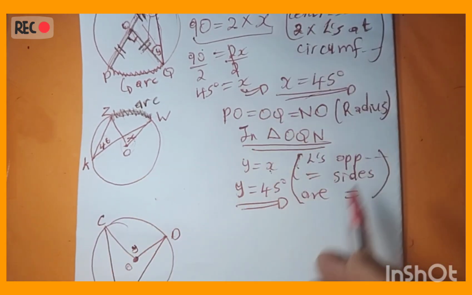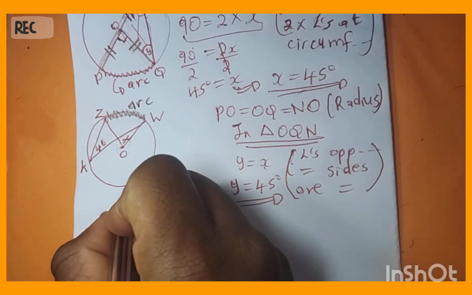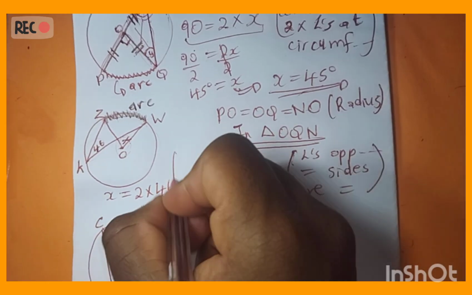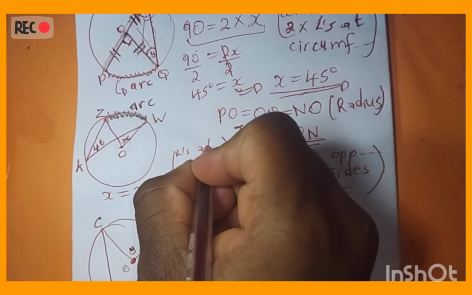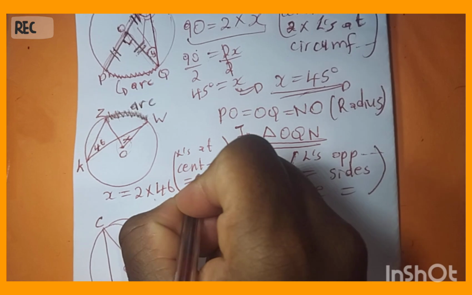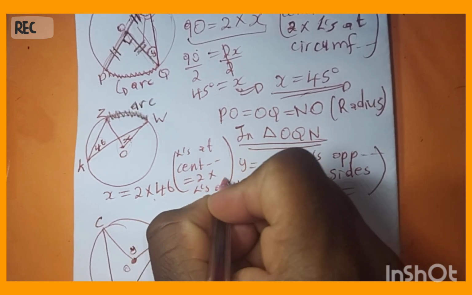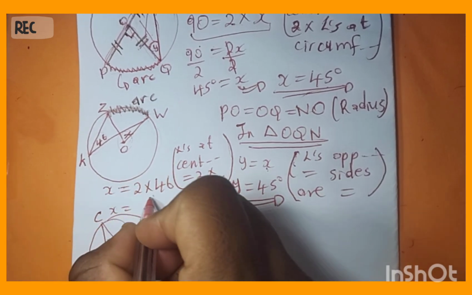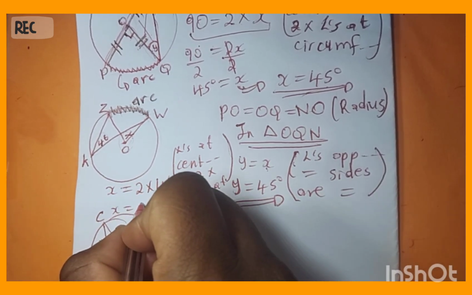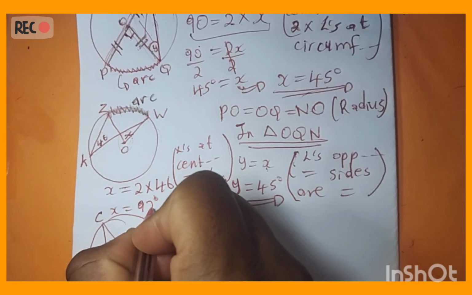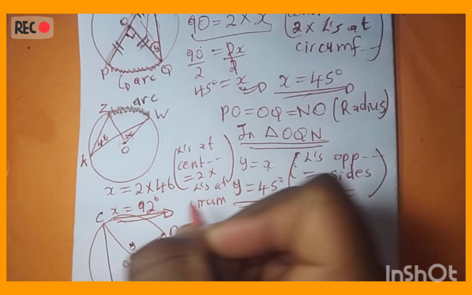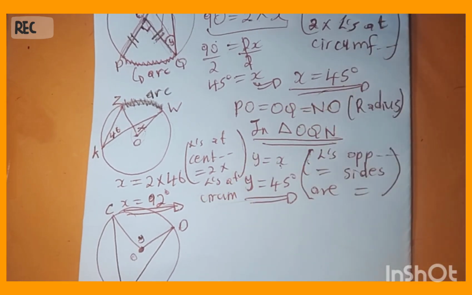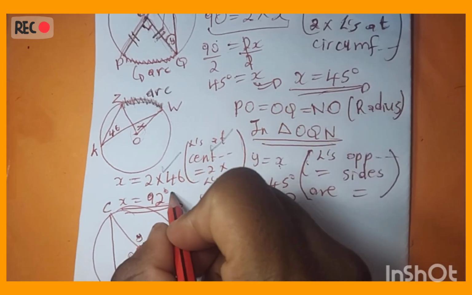So I can write that the angle at the center is equal to 2 times angle at the circumference. Now the x value is supposed to be 92, I hope so. Just know, guys, this goes with the statement, the reason, and the answer.